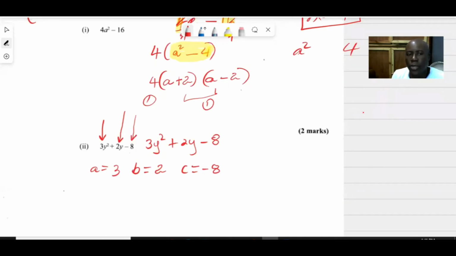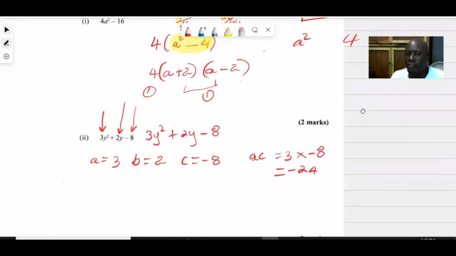Bear in mind, we're doing the AC method, which means that we need to know what is AC. AC means A times C. So let's look. The A value is 3. The C value is negative 8. So when you put this together, you'll get negative 24.